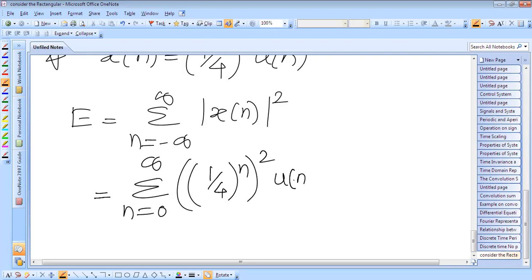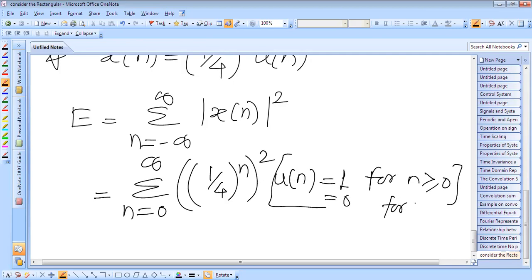So for the unity function we have to take this equal to 1 for n greater than or equal to 0, and this value we have to consider 0 for n less than 0.